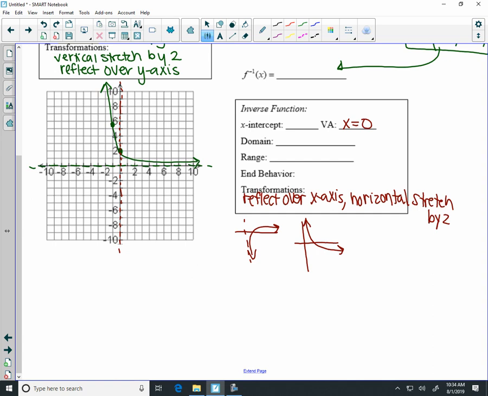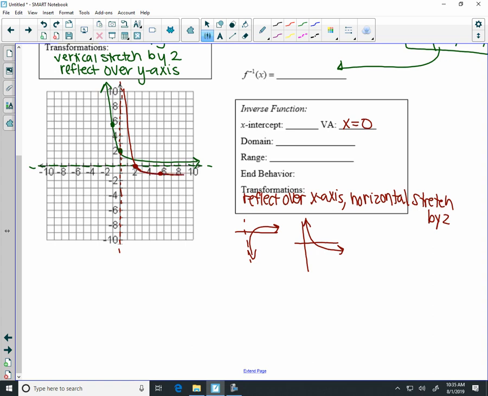The x-intercept is going to change because of the horizontal stretch. So usually I go over 1, I'm going to multiply that by 2, so I'm going to go over 2. I'm going to graph this first piece here. That's what that's going to look like. And then usually I go over between 2 and 3. I'm going to multiply that distance by 2, so I'm going to go between 5 and 6 over, and 1 down.